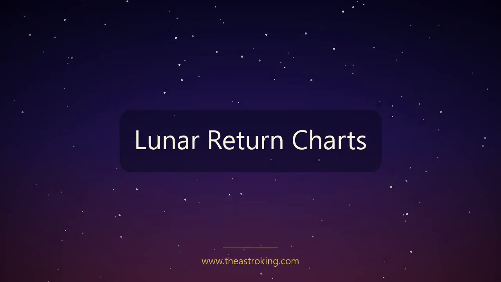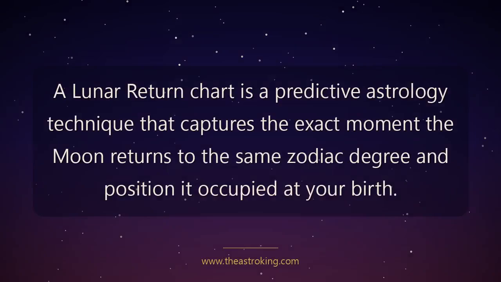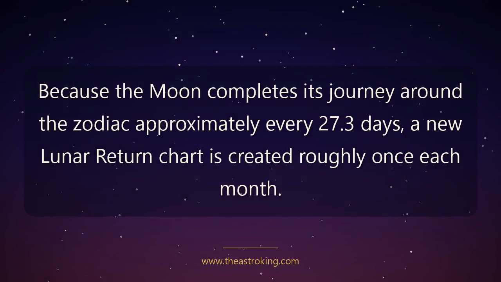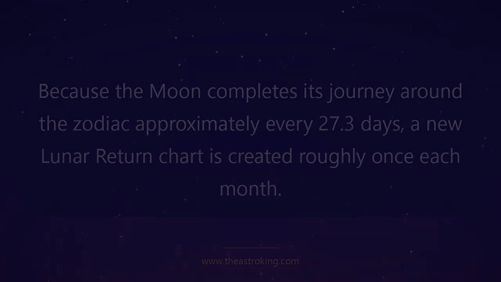Lunar return charts. A lunar return chart is a predictive astrology technique that captures the exact moment the moon returns to the same zodiac degree and position it occupied at your birth. Because the moon completes its journey around the zodiac approximately every 27.3 days, a new lunar return chart is created roughly once each month.